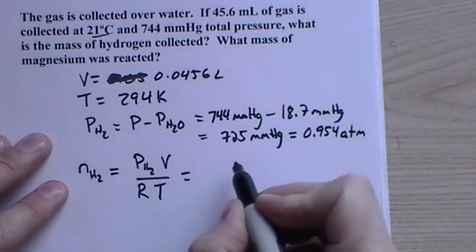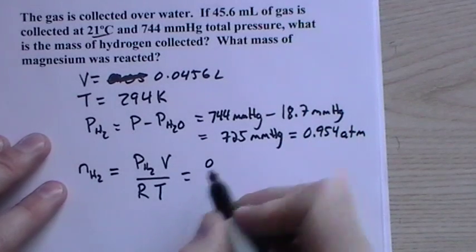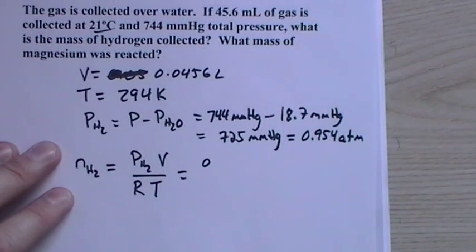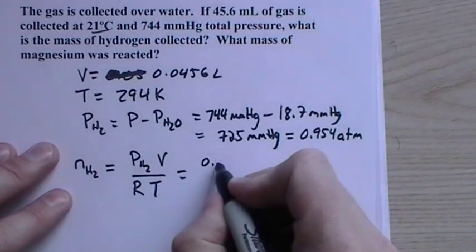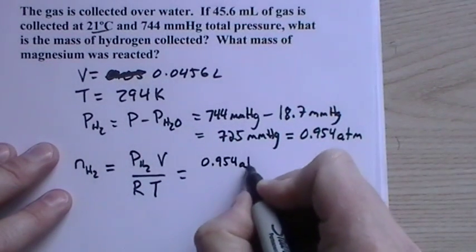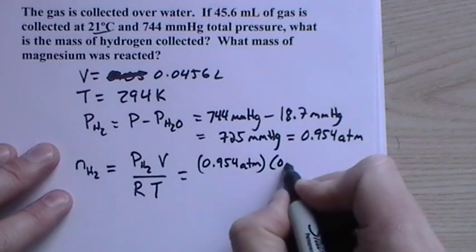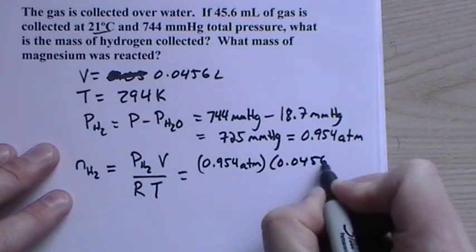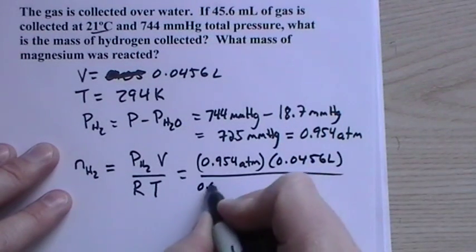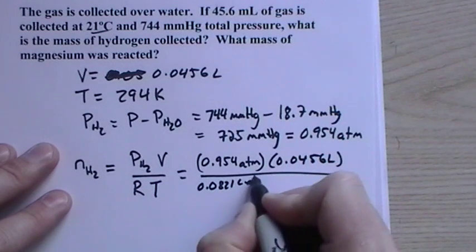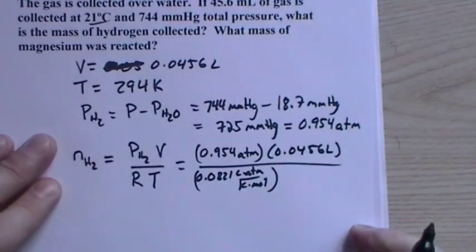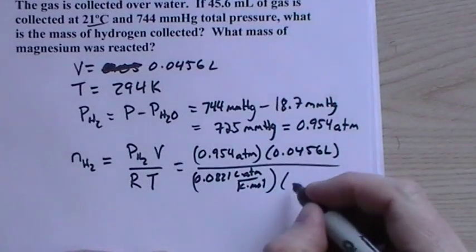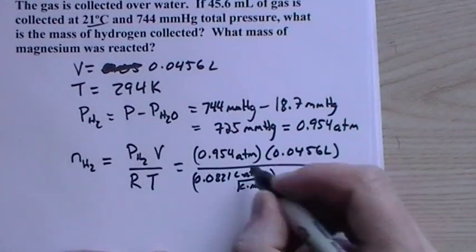So the partial pressure is, let me double check that. Yeah, seemed a bit high, but that's what it is. The volume is 0.0456 liters, 0.0821 liter atmospheres per kelvin mole for R, and then the temperature is 294 Kelvin.